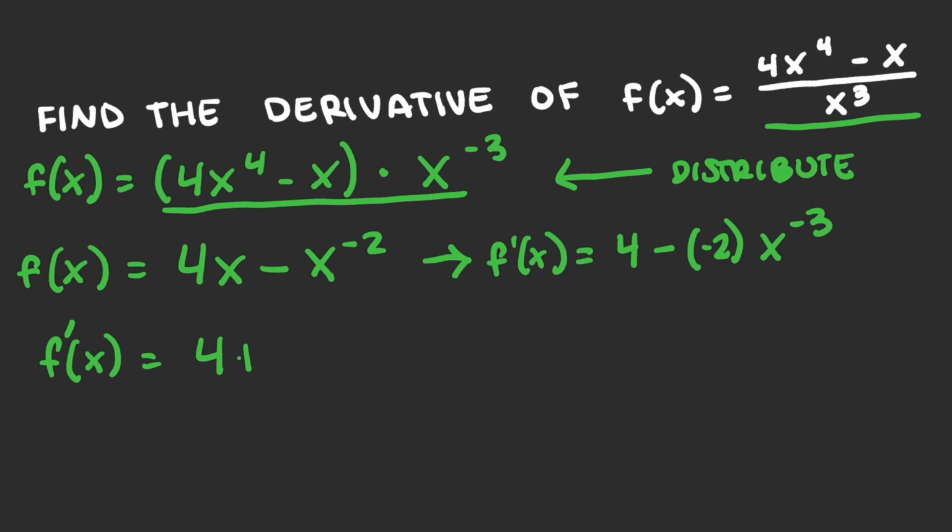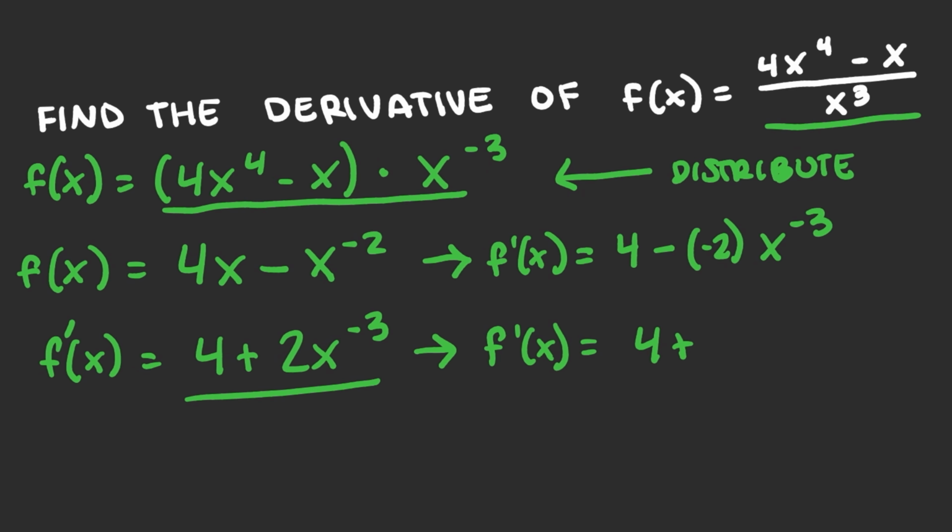And if we want to rewrite it again, so this right here would be our answer, but if you want to rewrite it again in a fraction, it would be like this. f prime of x is 4 plus 2 over x cubed, if you just want to get rid of the negatives.